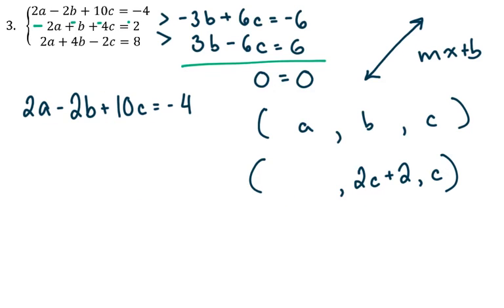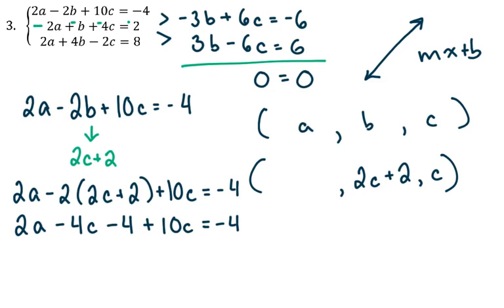So to that goal of getting A by itself in terms of C, the first thing I'm going to do, this is just this initial equation up here. First thing I'm going to do is get rid of the B, substituting in 2c plus 2. And then we're going to solve for A over here on this side.